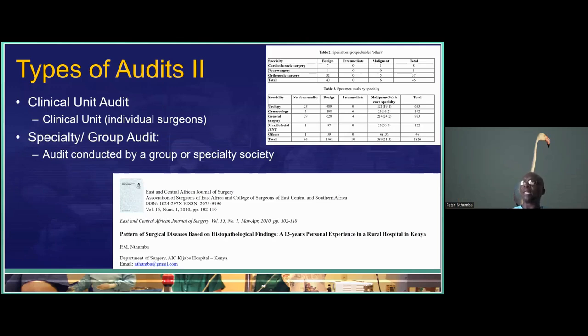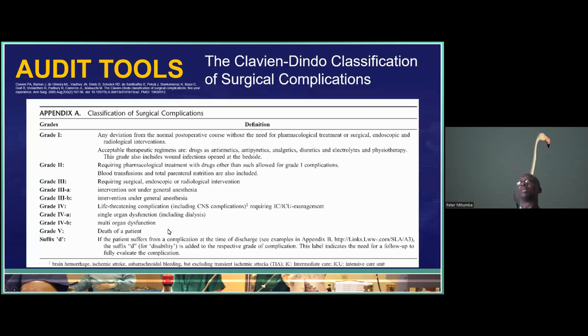The clinical audit could look at individual surgeons, or look at individual units. This is an old paper that was published by the East and Central African Journal of Surgery, where I looked at procedures that I was involved in at the time.